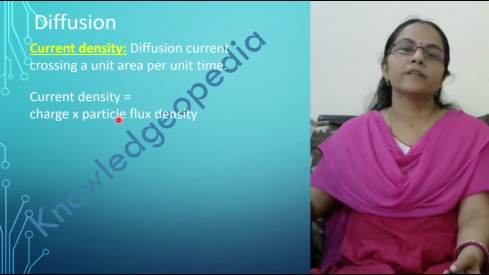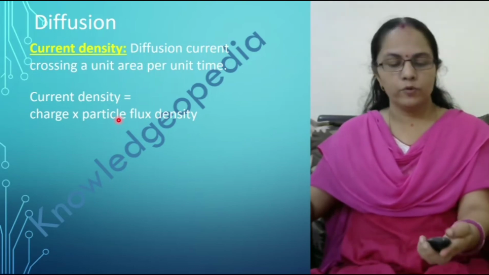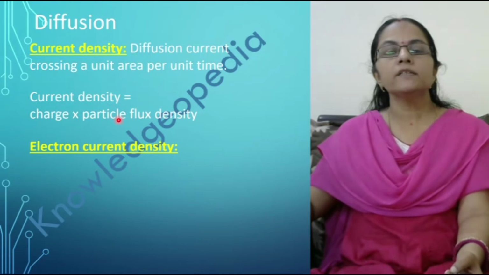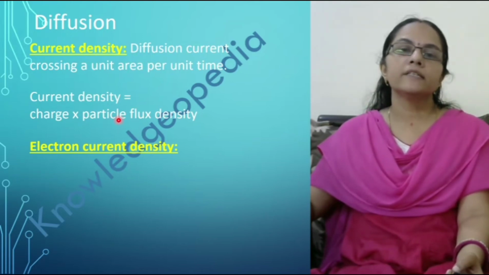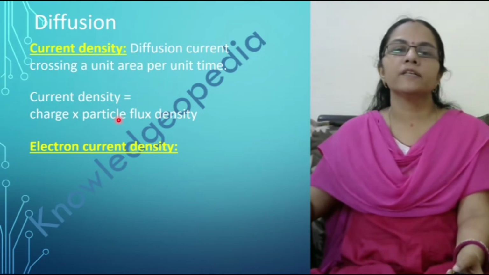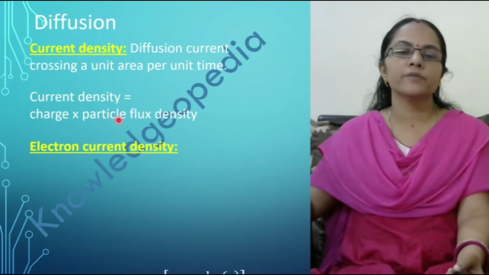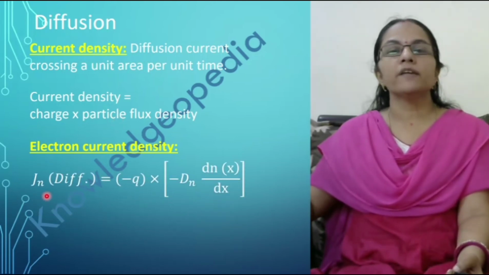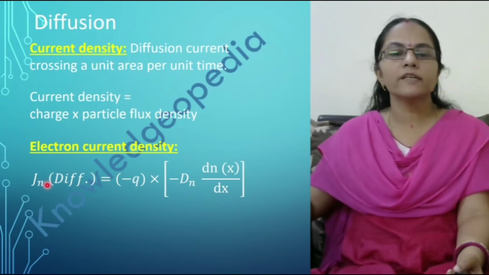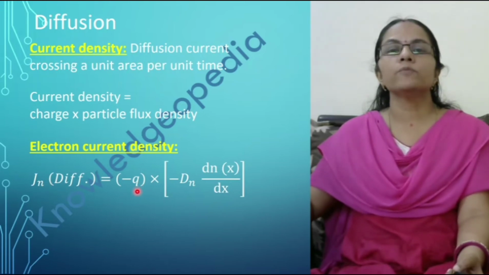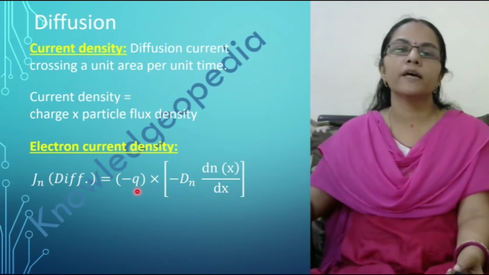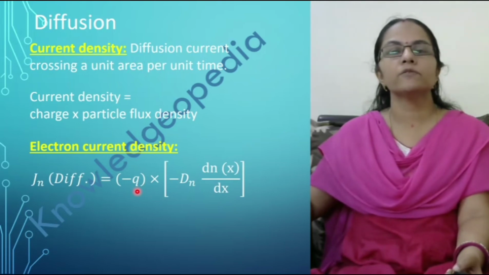First we will do it for electrons, then we will see it for holes. So for electrons, what is the current density due to the transport of electrons in the process of diffusion? That is given as Jn diffusion, and this n represents that this current is due to the flow of electrons, that is equal to minus q times the electron flux density. All of you know that the charge of an electron is minus q.